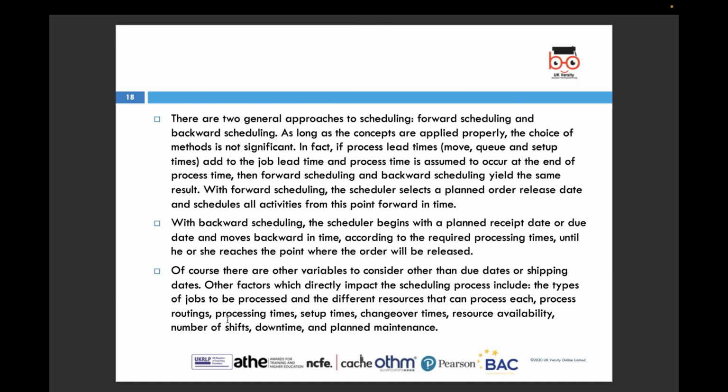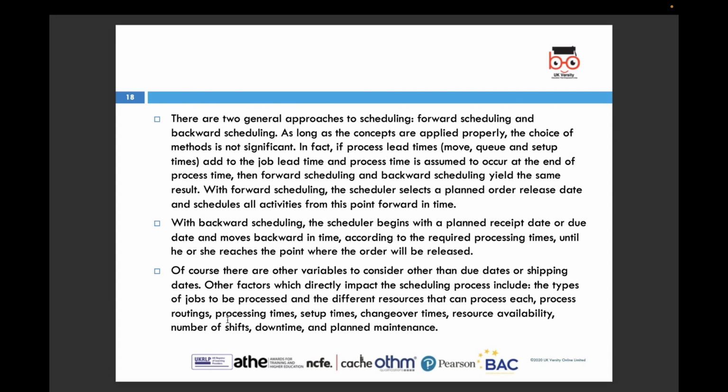Moving forward in time, the scheduler considers various factors such as process lead time, including move, queue, and setup times, which collectively contribute to the job lead time. It is important to note that in forward scheduling, process time is assumed to occur at the end of the overall process time.